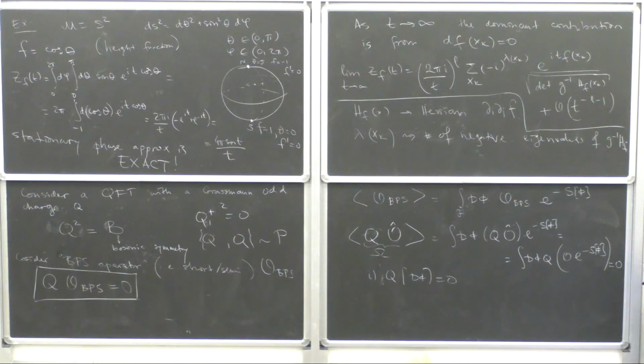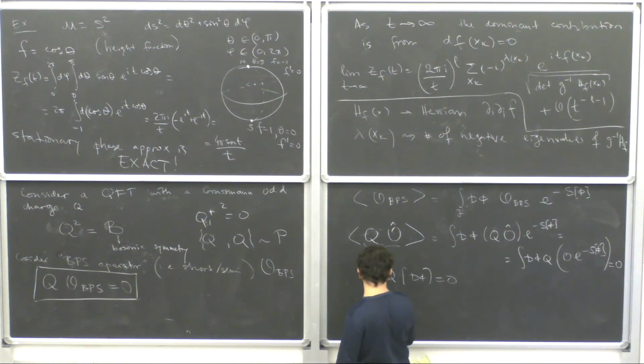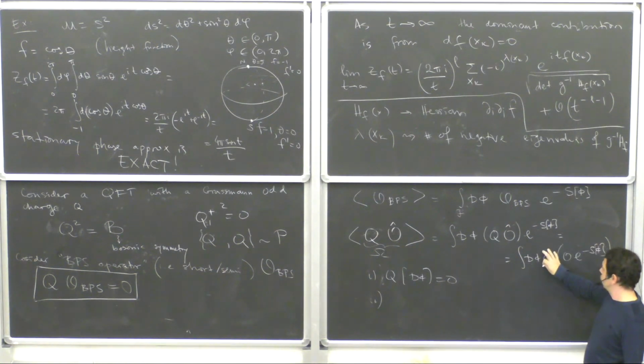Another way to say this, for those of you who know anomalies, is when I have a symmetry and the measure is not invariant under the symmetry, this leads to quantum anomalies. So I'm assuming that there's no quantum anomaly for the charge Q. There's no SUSY anomaly. If there's no SUSY anomaly, this will allow me to put Q outside of the integral, roughly speaking, to integrate by parts.